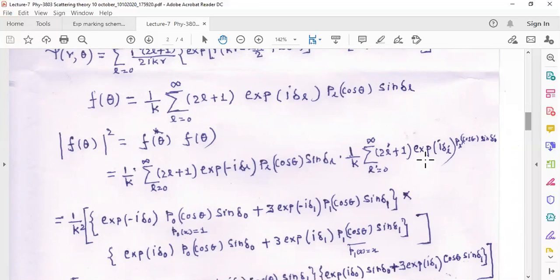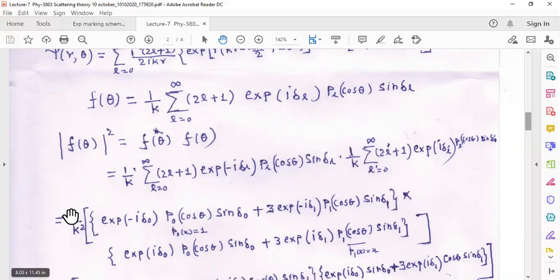So where is the L equal to 0 term? You see, this 1 upon k and this 1 upon k are already multiplied, and I keep 1 upon k square outside: 1 upon k for the first sum with L equal to 0, and 1 upon k for L prime equal to 0.